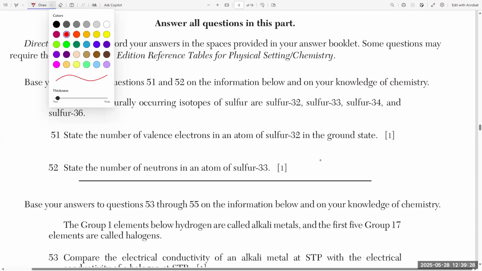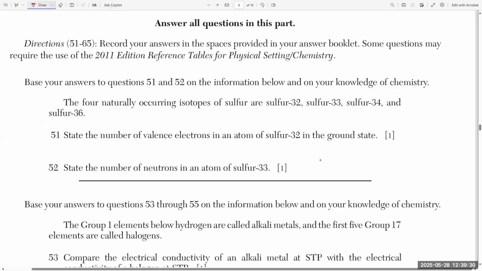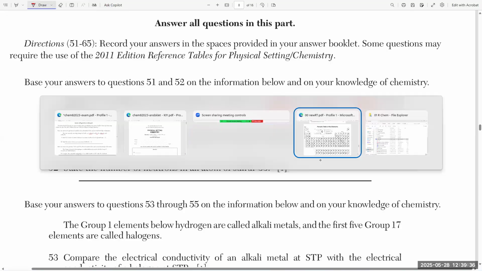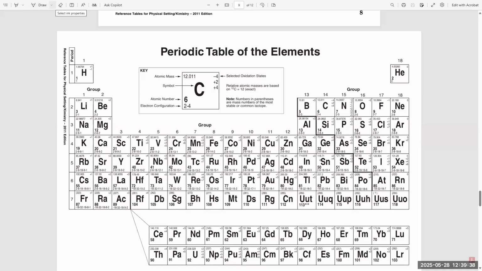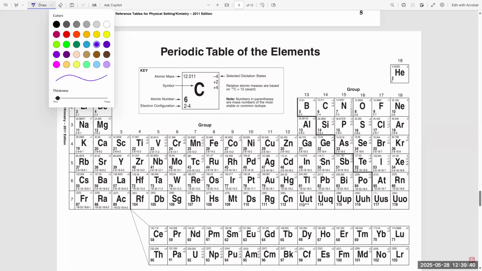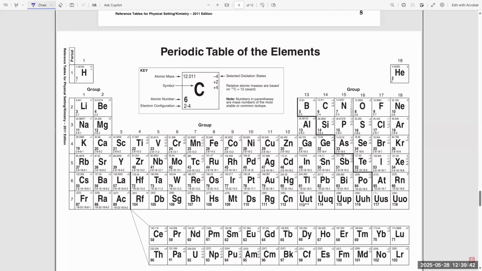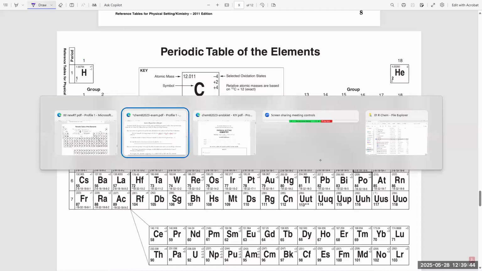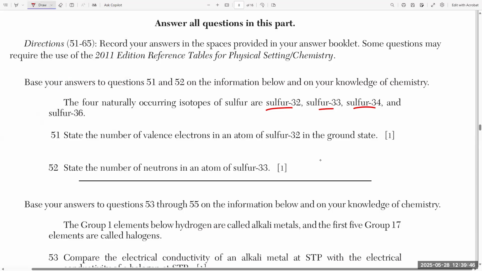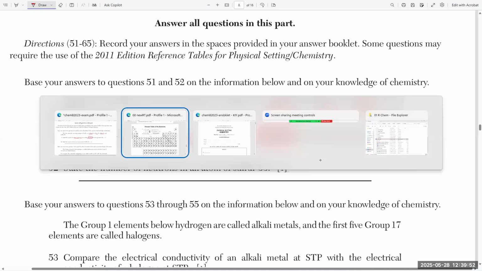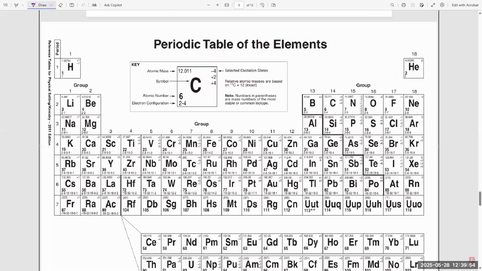All right, so this one, once again, has nothing to do with this problem of these three things. It really is just asking you if you understand the definition of an atom, right? So it says state the number of valence electrons in a sulfur. That's all it's asking, right? So if you go to sulfur, what do we notice?